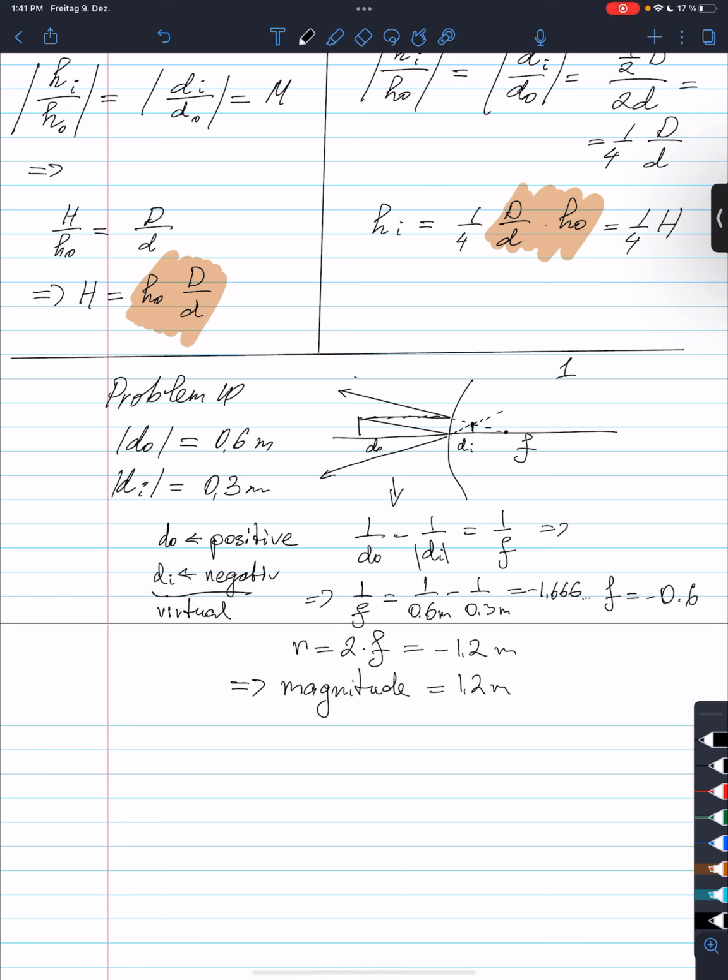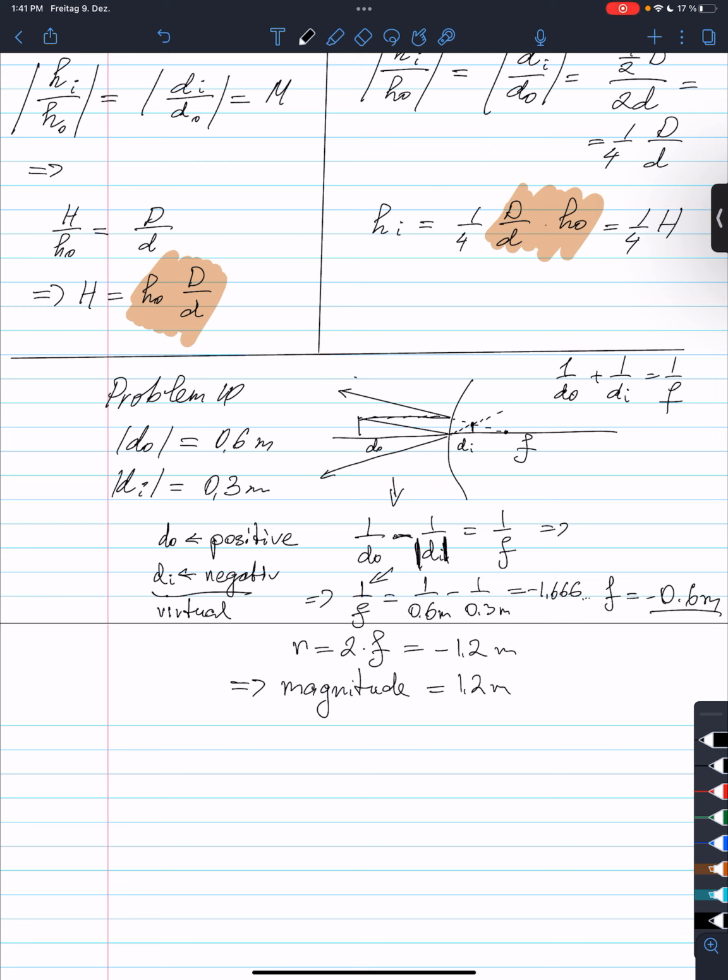So originally we have 1 over d0 plus 1 over di equals 1 over f, right? But I know that di will be negative, so here I will substitute the absolute value and take this negative sign into account. Okay, and I'm solving this for 1 over f, for the focal distance. I will get this result.